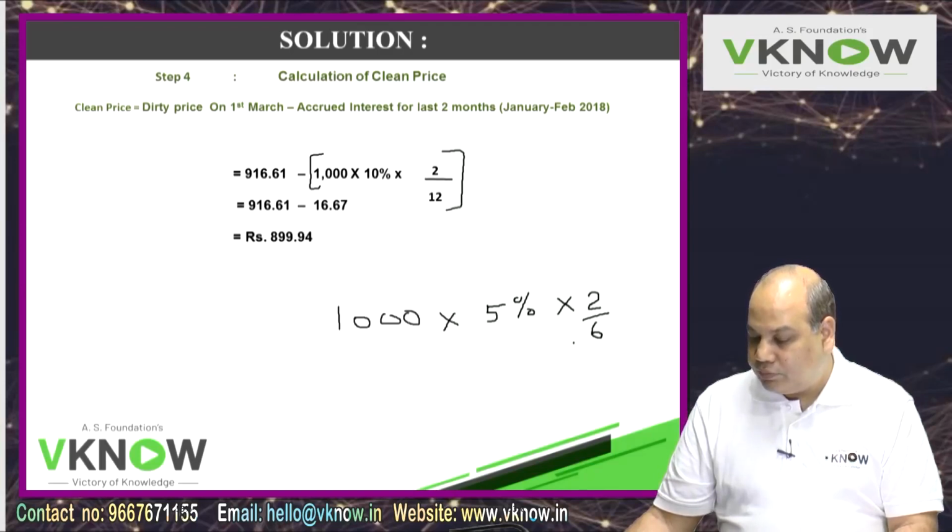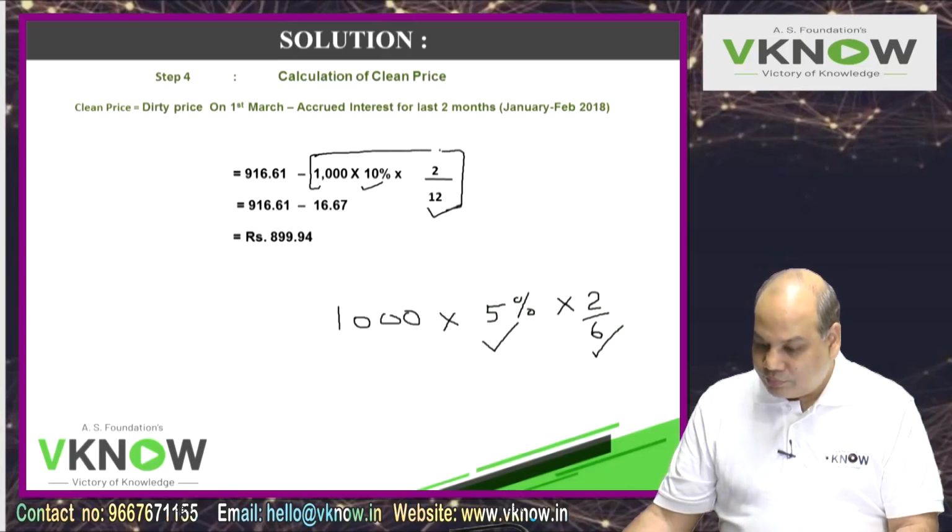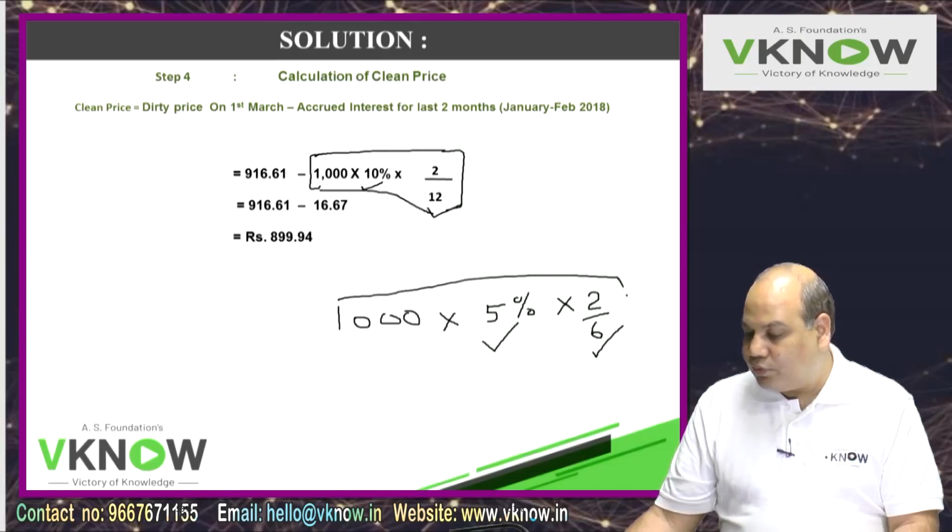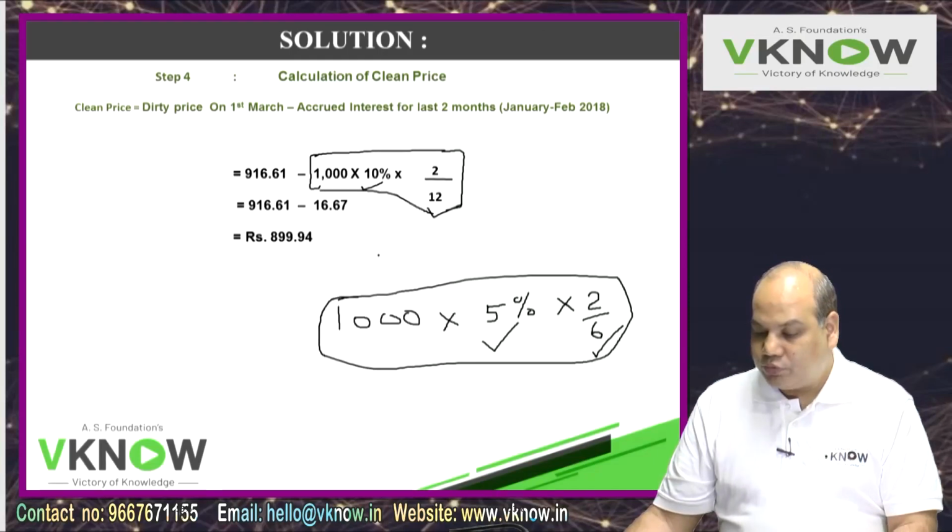So finally, whether you present like this or you present like this, you are going to get the same result. Is it right? So I request you, either you follow this presentation for interest of 2 months, or you follow this presentation, you are going to get 16.67 only.